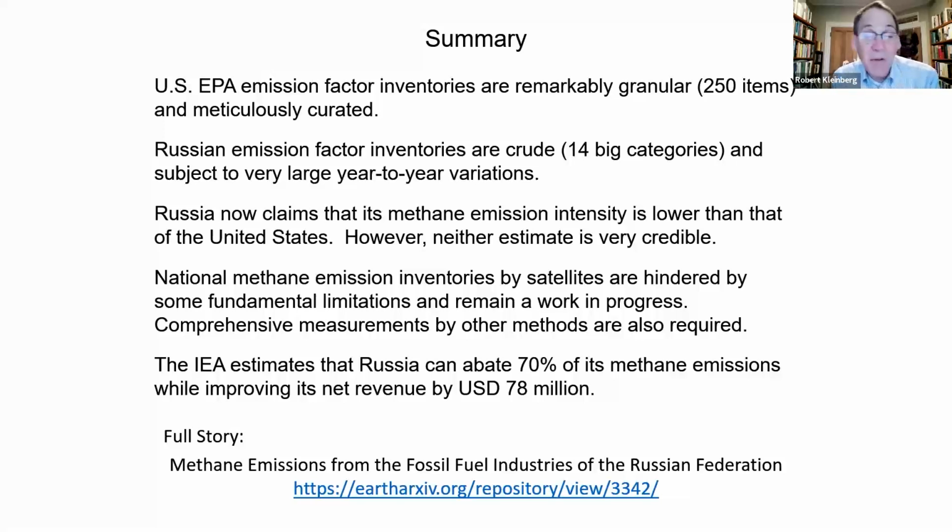The IEA estimates that Russia can abate 70% of its methane emissions while improving its net revenue by $78 million. So again, not much money, but it's worth doing. And again, full story on Earth Archive.